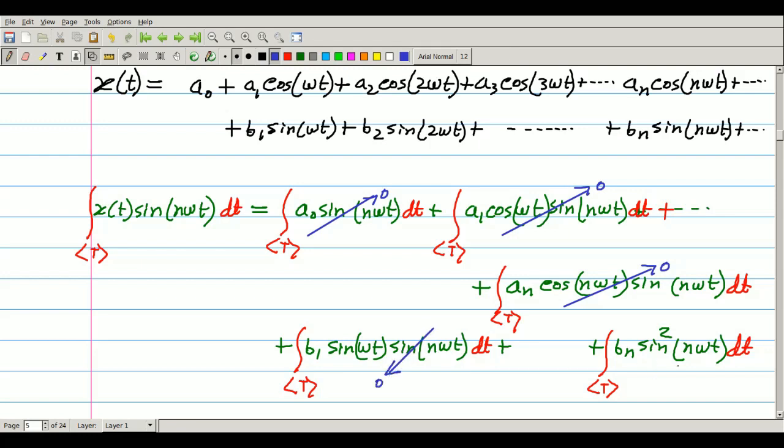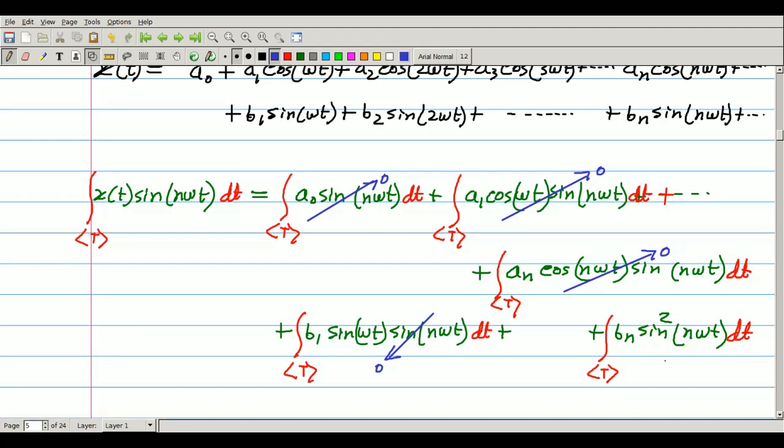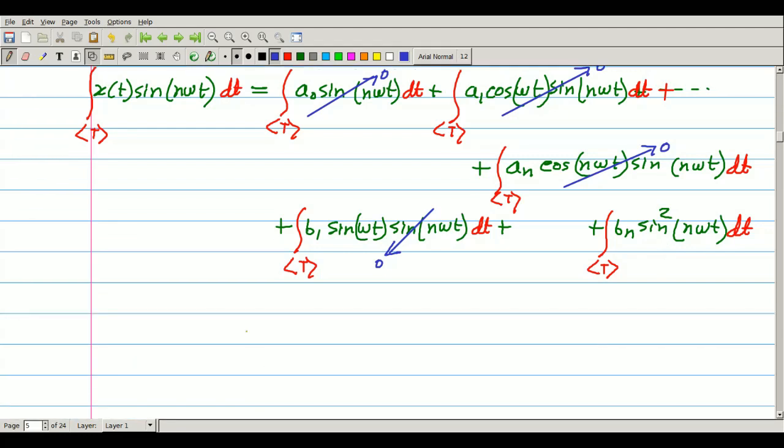Only this term will survive, and this will be equal to bn integration of sine square n omega t dt over a complete cycle, and we know this is equal to bn T over 2.